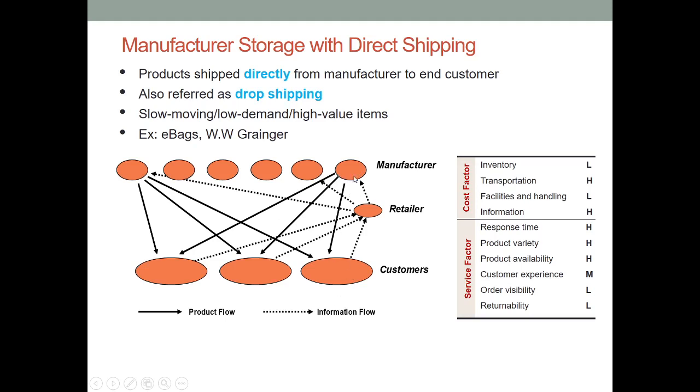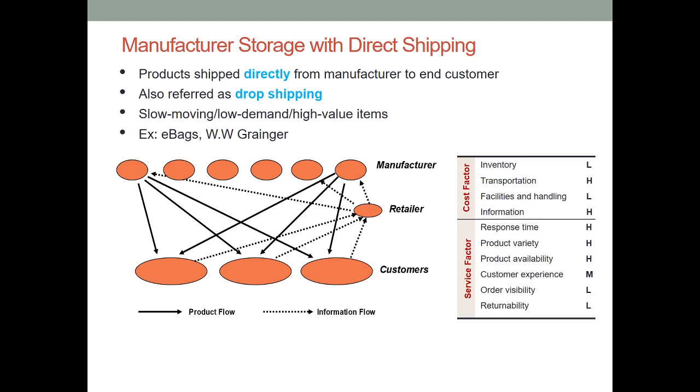They don't have to keep more inventory. Transportation cost is high because the manufacturer has to send to the customer. If the customer location is very far, it will incur a higher transportation cost. Facility and handling cost is low because they don't need a distributor, retailer or any warehouse.